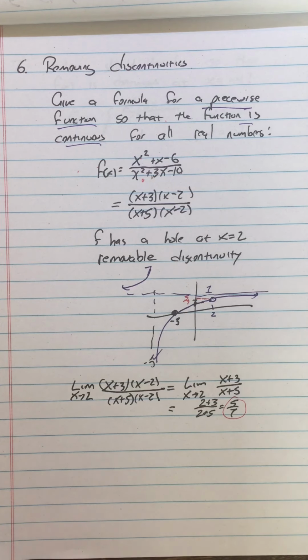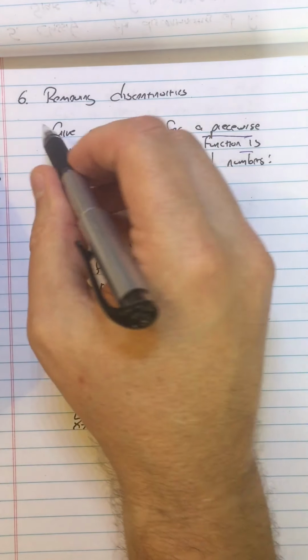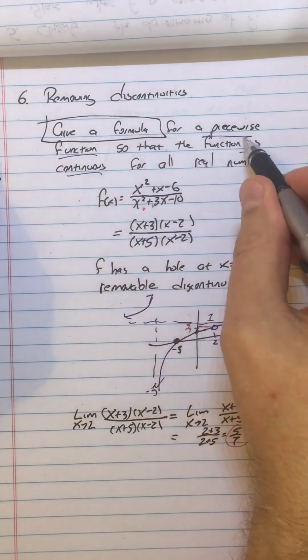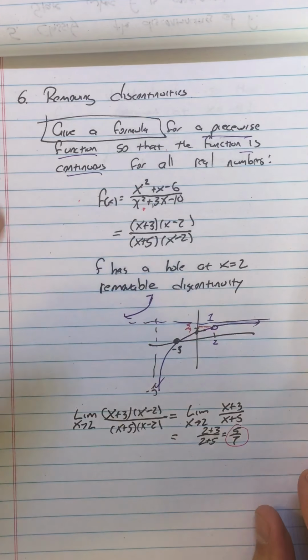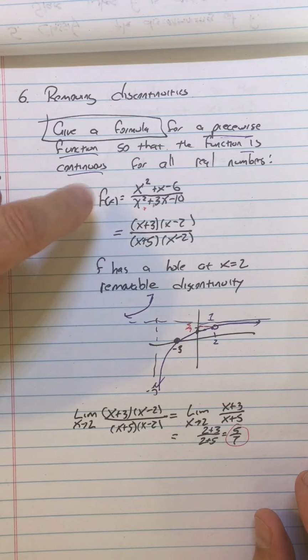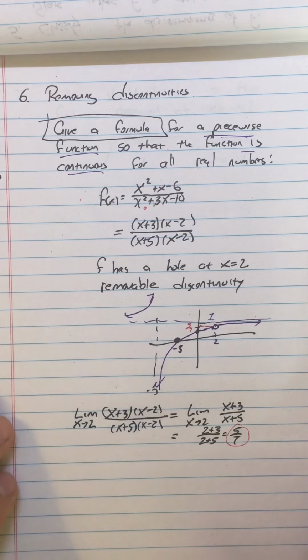All right, so now here's what it means when we say give a formula for a piecewise function that is continuous. This function that we are given originally has a removable discontinuity.